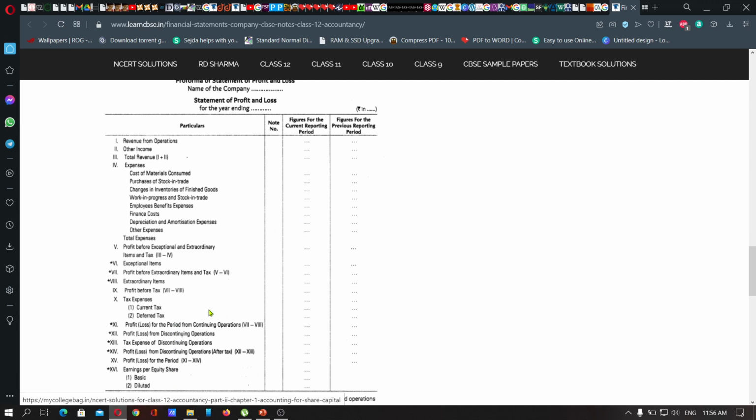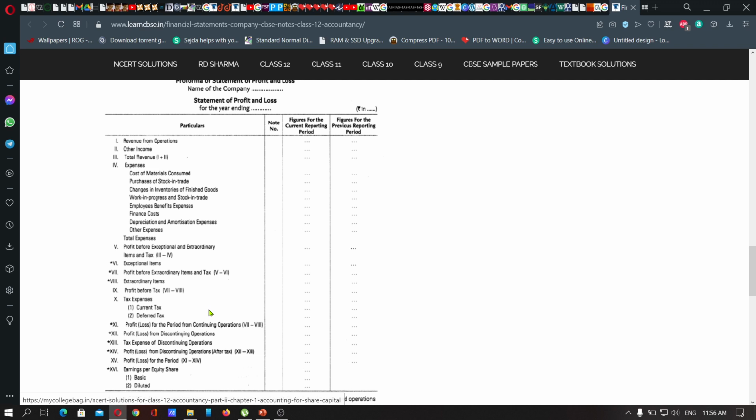All these comprise a single statement. But for the discussion, we will divide the statement into two halves, one half consisting of incomes and the other half of expenses. So don't consider it as a two-page statement.